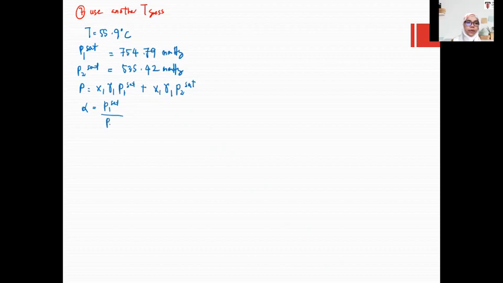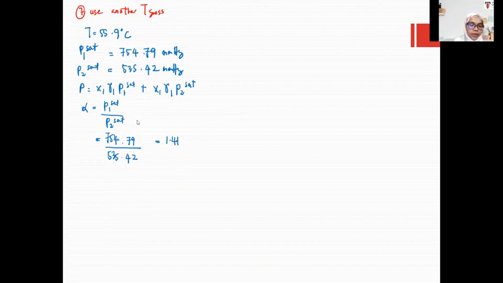So for P1, P2 saturation, you can insert the values 754.79 and 535.42. So it gives the value of alpha 1.41.